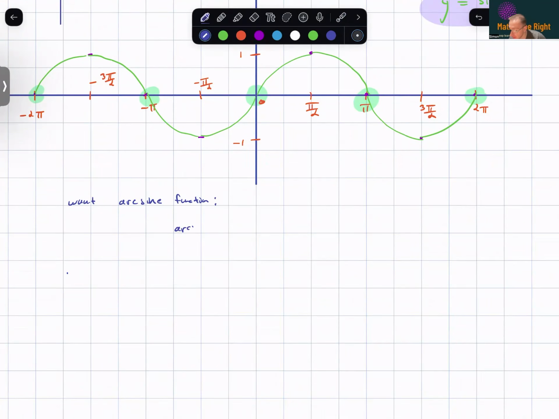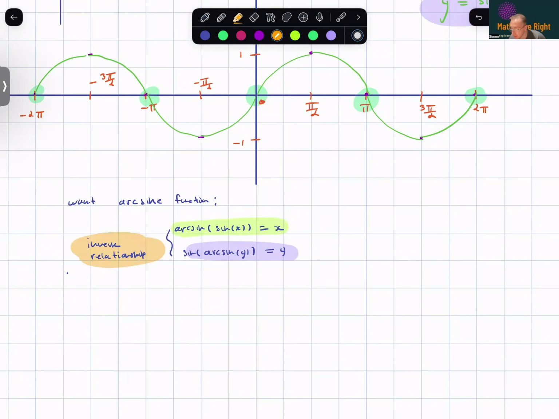We want arcsine of sine of x to be equal to x, and we want sine of arcsine of y to be equal to y. We want them to undo one another. This is the inverse relationship. So we want this to be true.